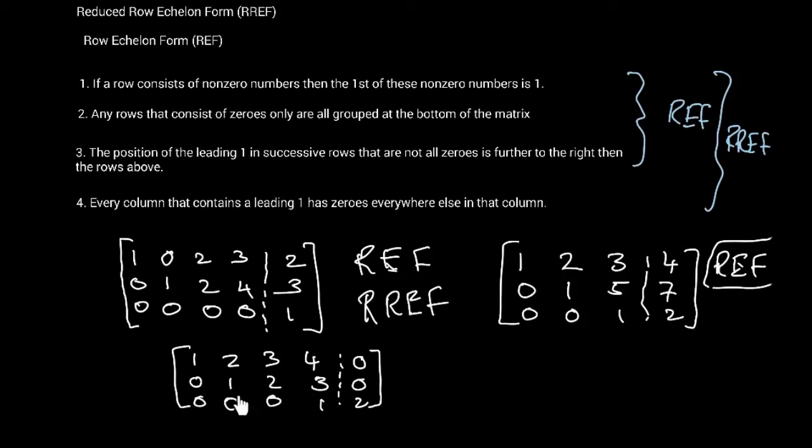This one is further right than this. So we're okay. So it is REF. Is it RREF? No, it is not RREF, because the last property says columns with leading ones have zeros. Okay, fine. This is only REF. It is not RREF. I think those are reasonably sufficient examples.